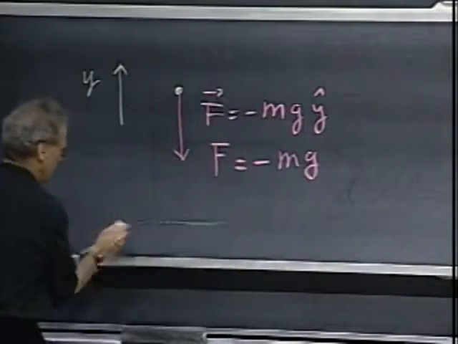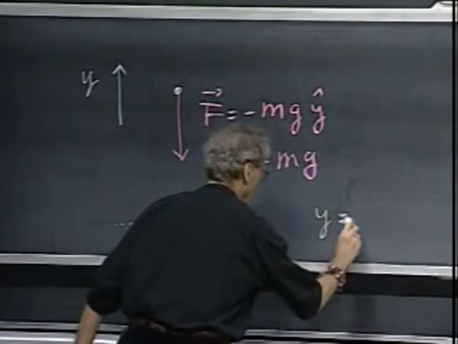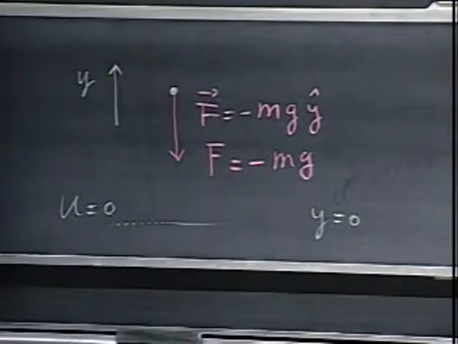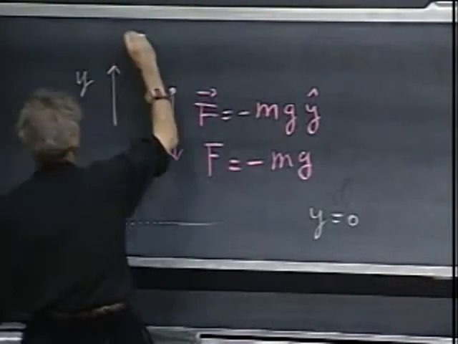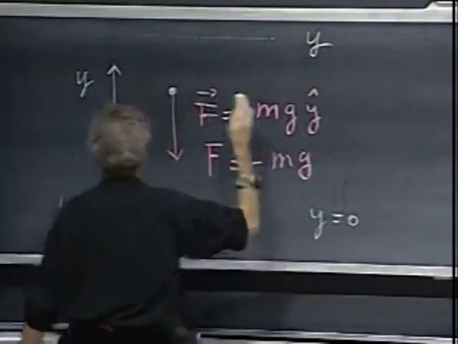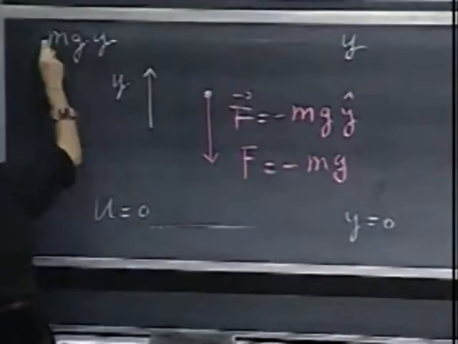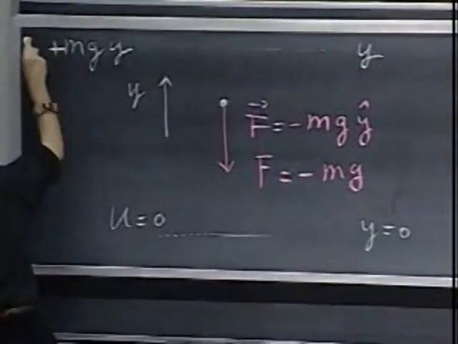If this level here is y equals 0, I could call this gravitational potential energy 0, and this is y, then the gravitational potential energy here equals plus mgy.